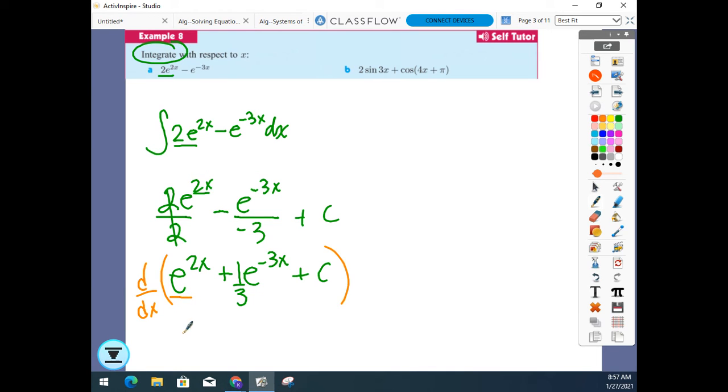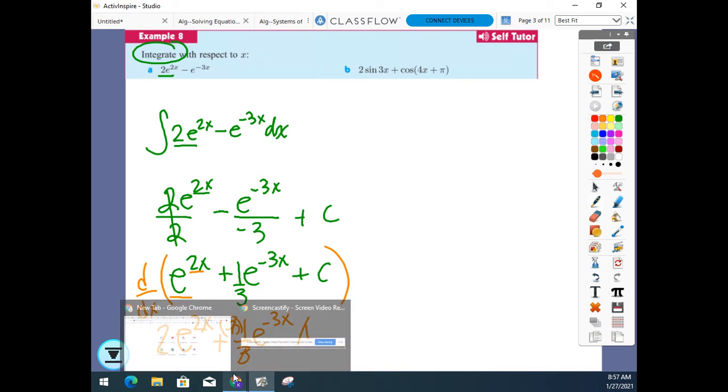The derivative of E is just E. Doing the derivative, we chain on the derivative with multiplication. So that's where this becomes the 2, plus 1/3 e to the negative 3x. This time we chain on negative 3 with multiplication, and then the c goes away.